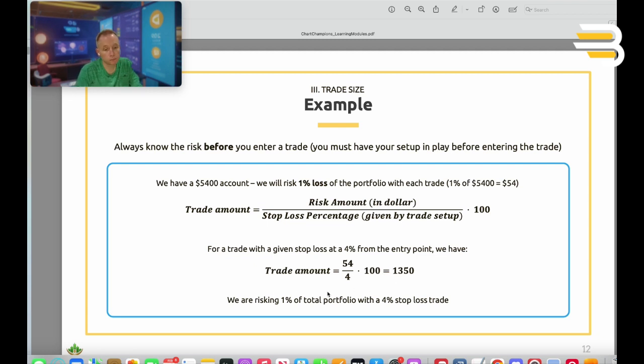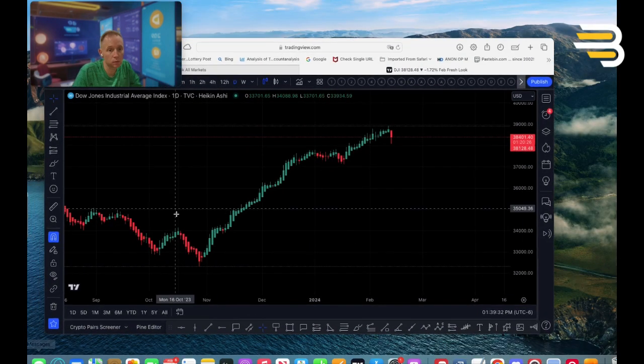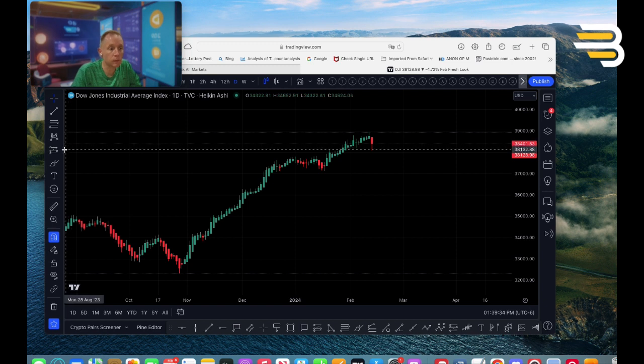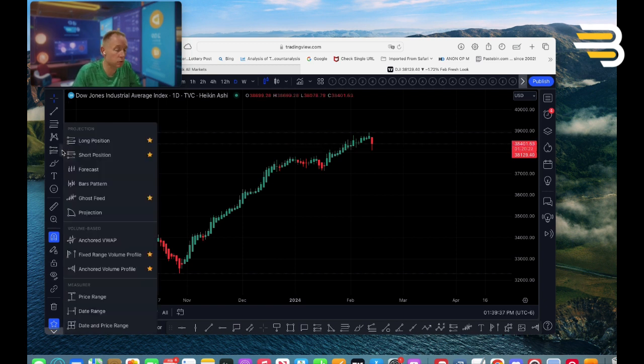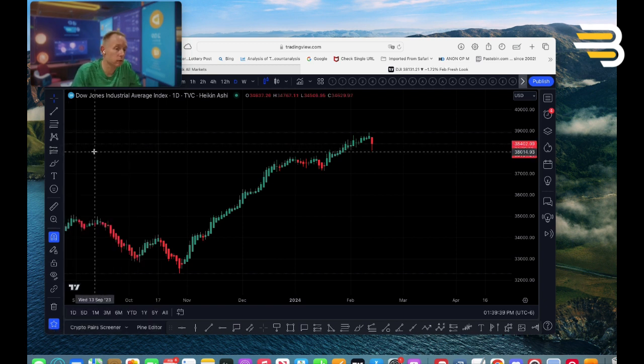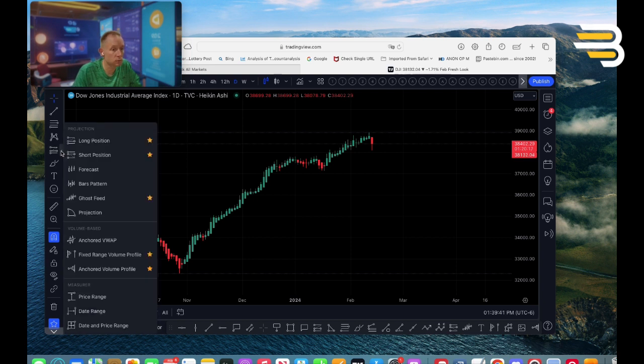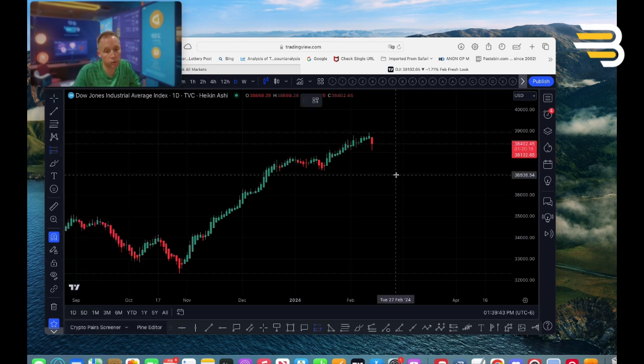That tells us exactly where we have our stop loss to give us that 4% risk. We're risking 1% of our total portfolio with a 4% stop loss. To give you a little visual representation of what this looks like, in most of these charting platforms you can easily get to this tool here, and I will pick a long projection tool.